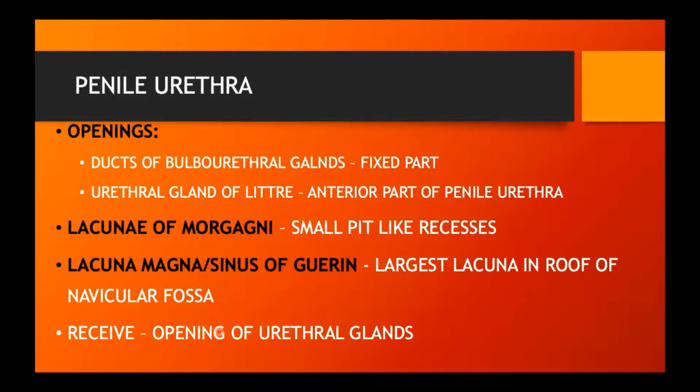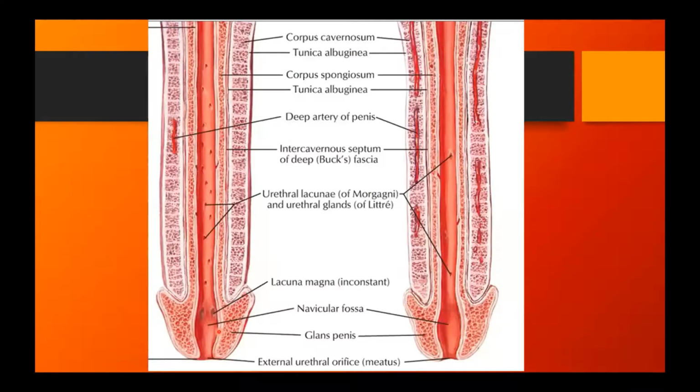So you can see here the lacuna magna in the roof of the navicular fossa, and then there are small pit-like recesses seen in the penile urethra, that is the urethral lacunae or the lacunae of Morgagni, where the openings of the urethral glands are seen.